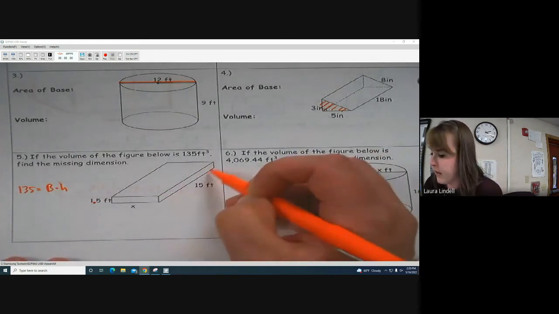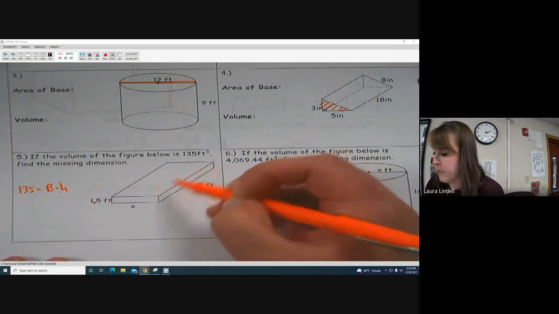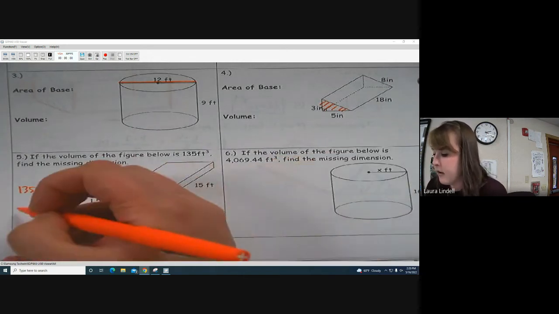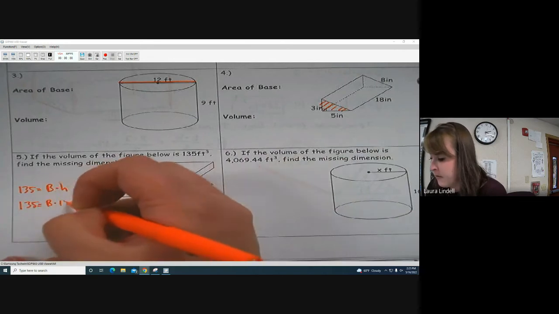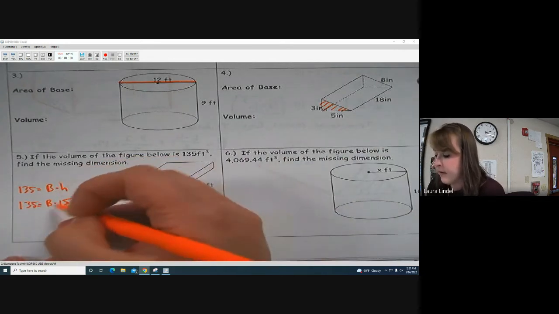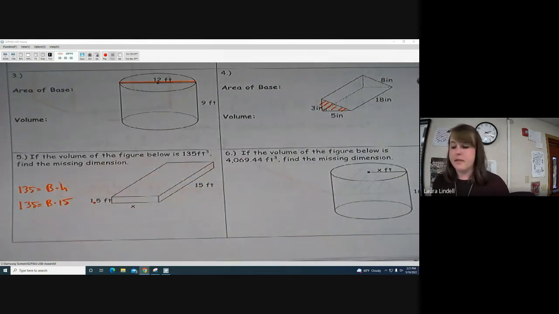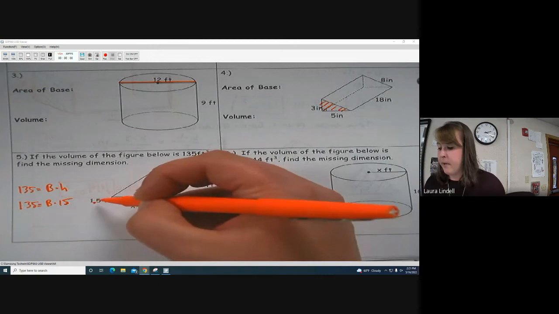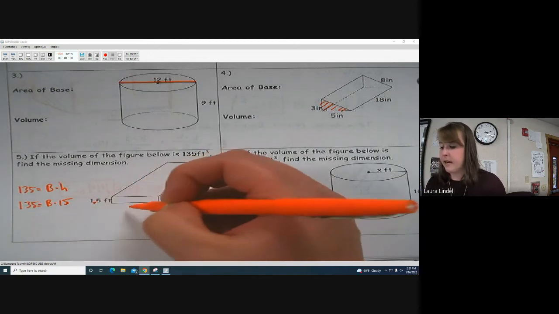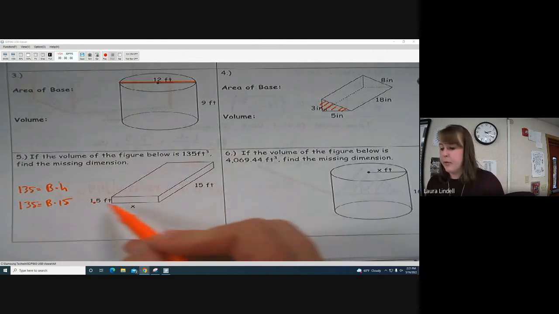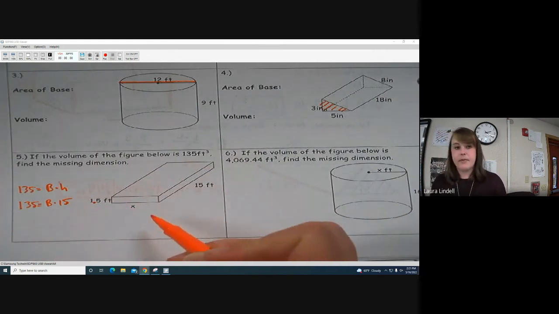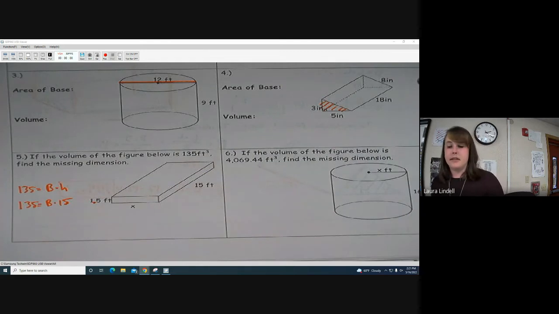So knowing that the height here, the distance between the front and back bases is 15, we can go 135 equals b times 15, divide by 15 on both sides, and then take whatever you get and know that the area of the base is 1.5 times x. So take whatever you get when you divide by 15 and set that equal to 1.5x. Number 6 goes a lot similarly to number 5.